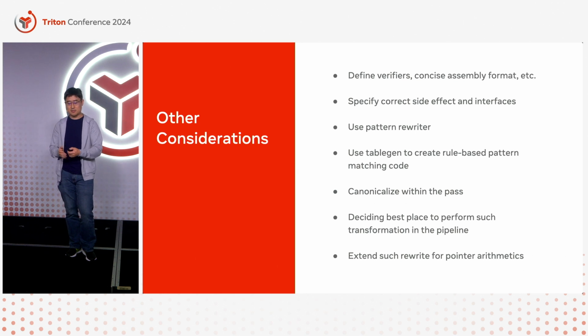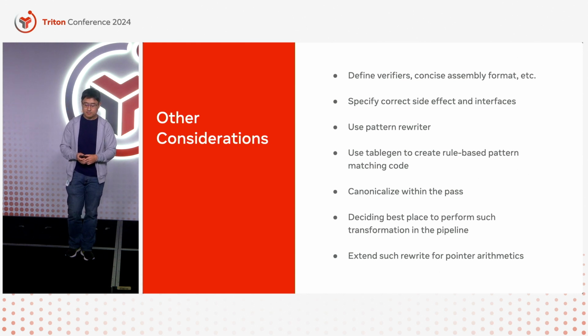The scalar better also be a floating point. This is so that we can fail at the earliest possible time to catch errors. We might want to define a better assembly format so the printout is more readable. We might want to specify the correct side effects. So in this case, we're not really writing memory, for example, and the correct interfaces, so that canonicalization passes can also work with our newly defined operation.